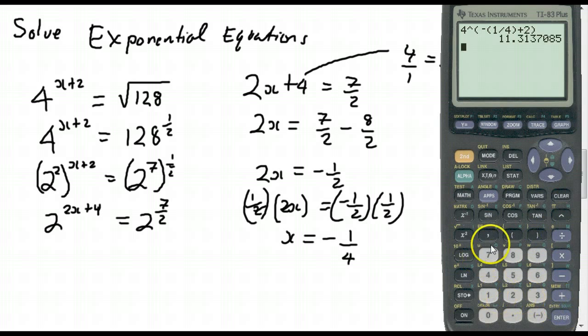Hit enter, and I can also do the right-hand side, which is the square root of 128. And those are the same, so I know I have solved this correctly. But again, any verification like this will be done at the end of the test, not during the test, or you could find yourself running out of time.